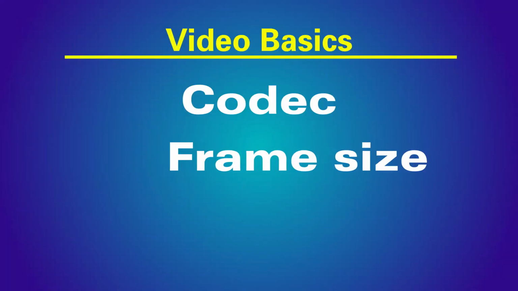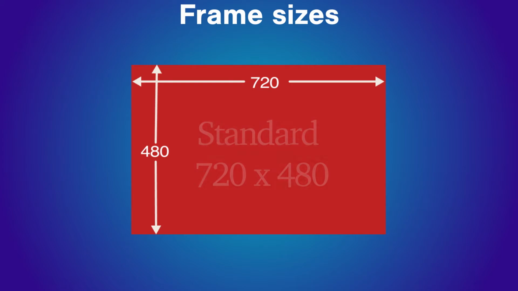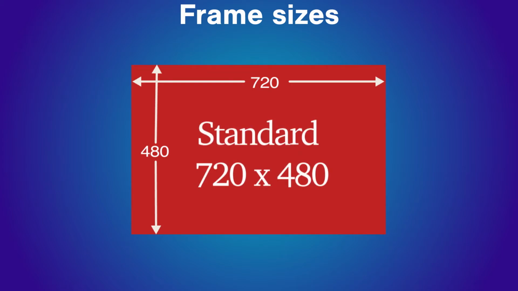Next is frame size. The first 50 years of television, there was only standard television, and it was 720 by 480. And when you hear these numbers, we're talking about number of pixels across the screen and number of pixels top to bottom. So 720 by 480 is 720 across, 480 up and down.